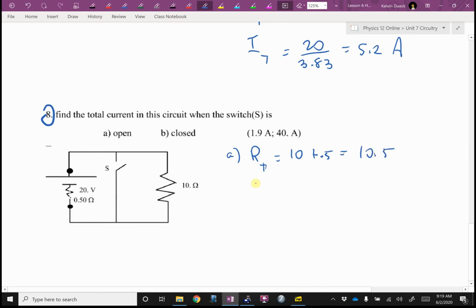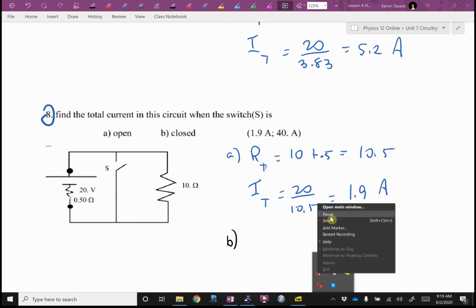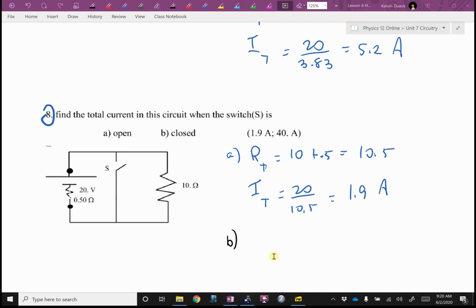In fact, it's the same numbers as before. I total is going to be 20 divided by 10.5, which was 1.9 amps from the previous question. I remember that answer. B.